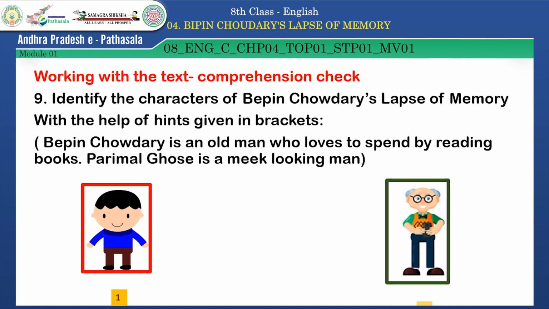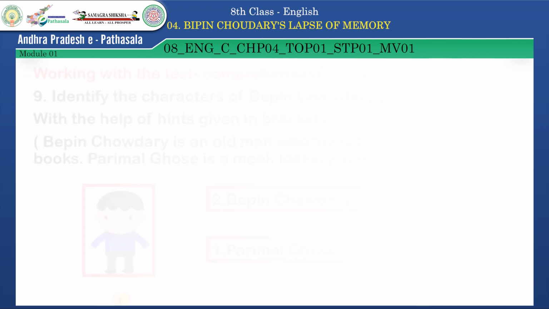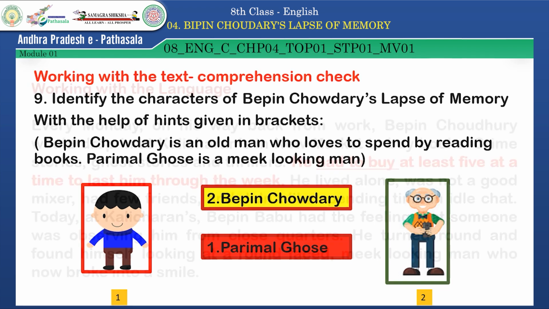Picture 2. Now Bipin Choudhury and Parimal Ghosh. So whose name are you going to associate with the pictures? Yes, you're right. Parimal Ghosh, first picture, and Bipin Choudhury, second picture.